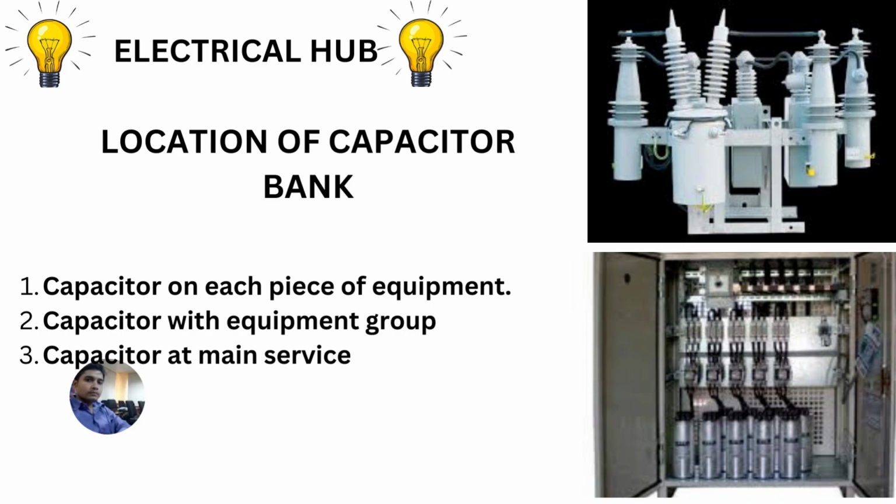Secondly, if the capacitors are placed with an equipment group, for example, in an MCC, if the capacitor is fixed with each MCC, then the advantages are that it increases the load capabilities of the services, reduces the material cost relative to the first one, means capacitor with each piece of the equipment. It also reduces the installation cost.